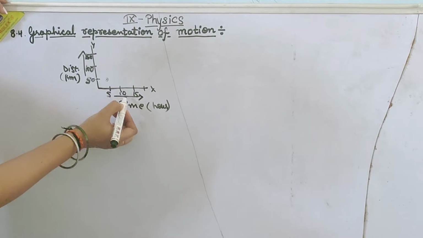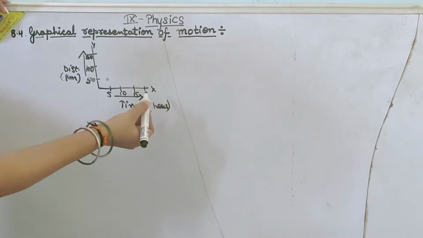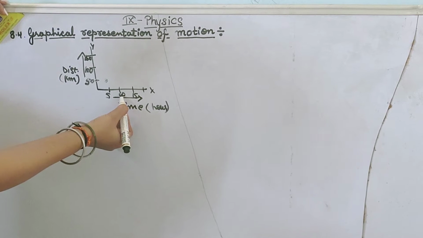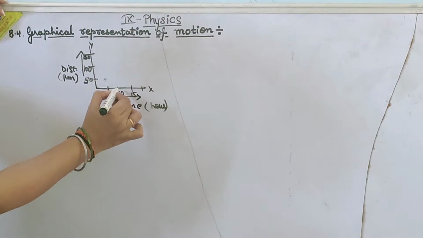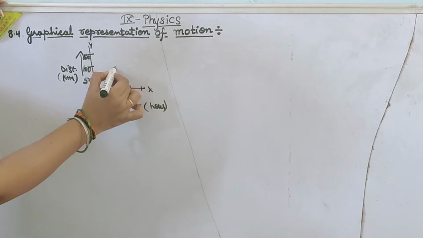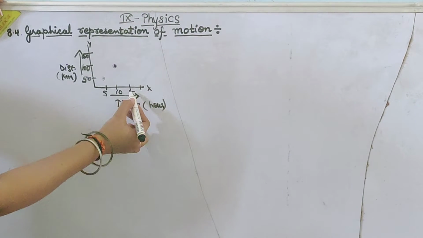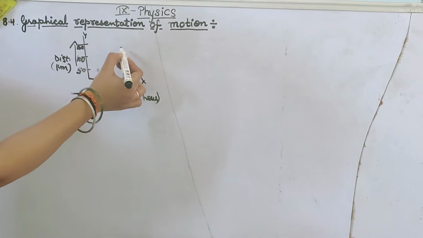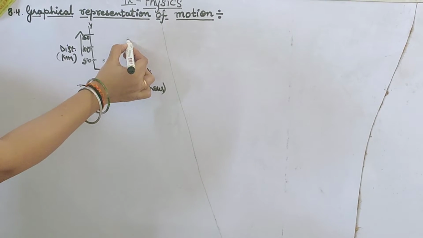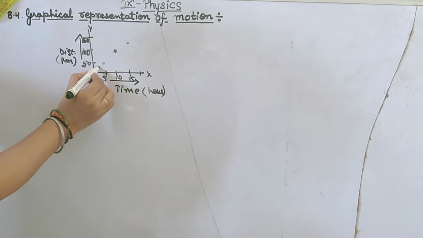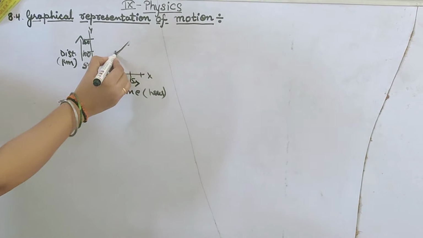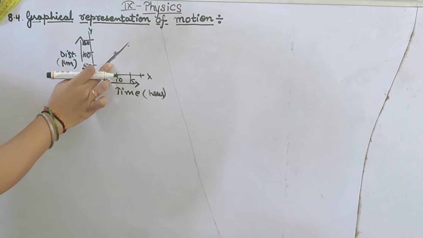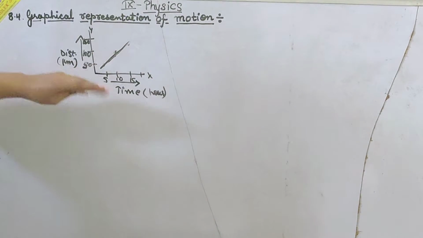And again if he goes on proceeding and reaches 100 kilometers in 10 hours, these two points will meet here. And in 15 hours he will cover the distance of 150 kilometers. So here we will get a plot of the graph, a straight line graph. This is the straight line graph we got from the following information.